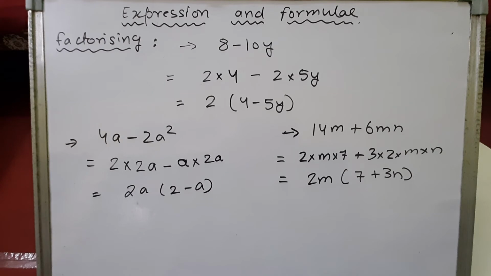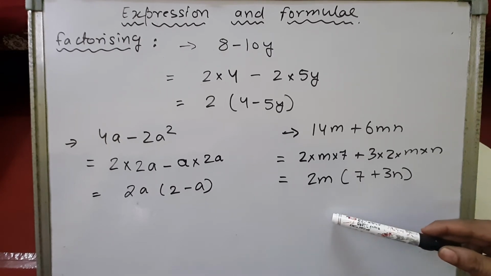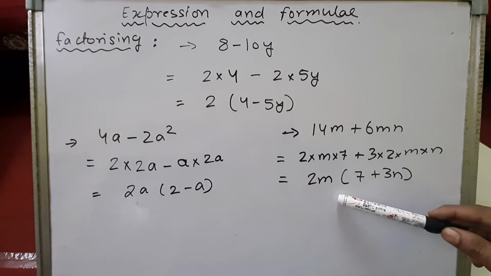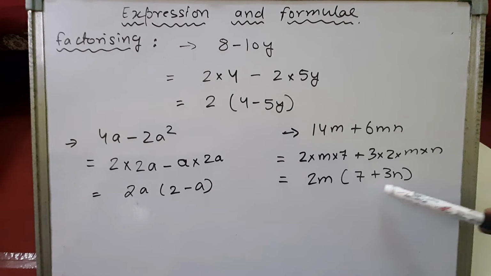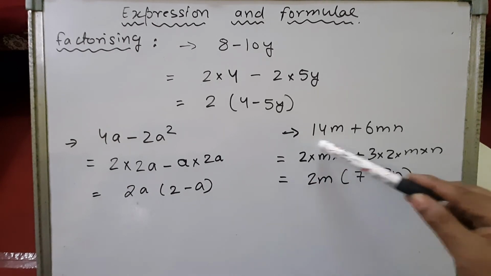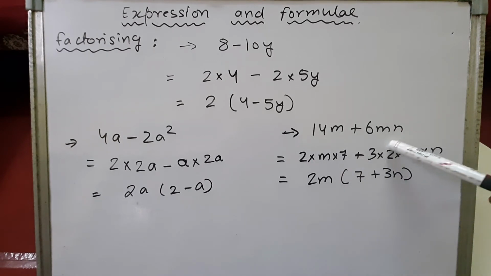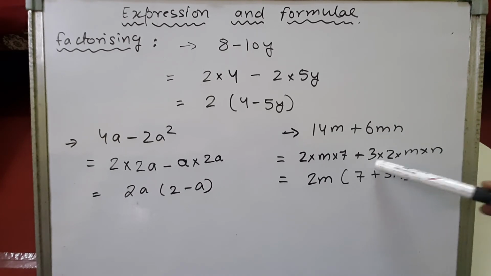That means 2m is common in both the terms. So when we take 2m common outside the bracket, we get 2m bracket 7 plus 3n, right? After taking 2m common, from the first term 7 is left, and from the second term we are left with 3 into n, 3n. Alright children, note down please.